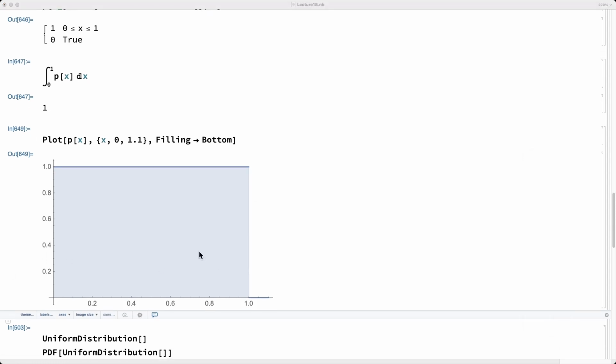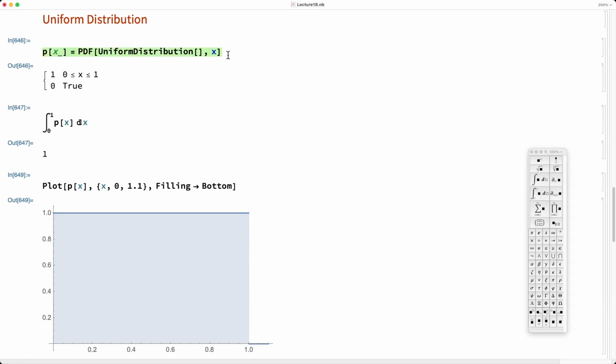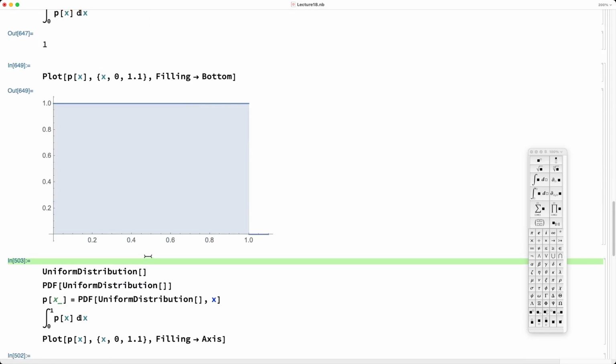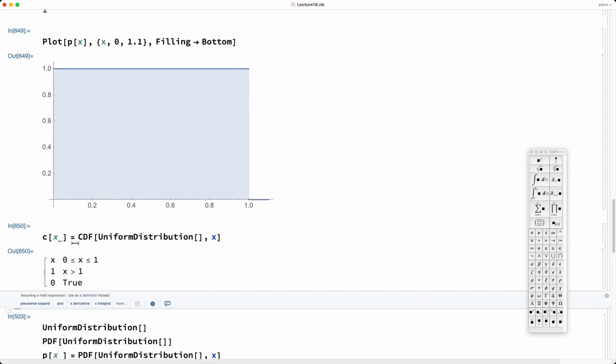We can also ask for the CDF, or the cumulative distribution function. So let's call it C and replace P by C here. And Mathematica will integrate over the PDF from -infinity to x, and will give us this result.